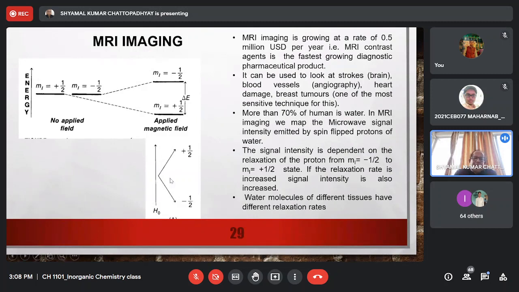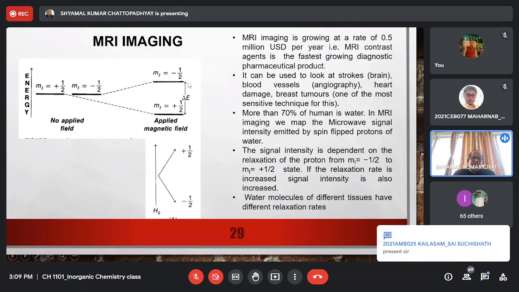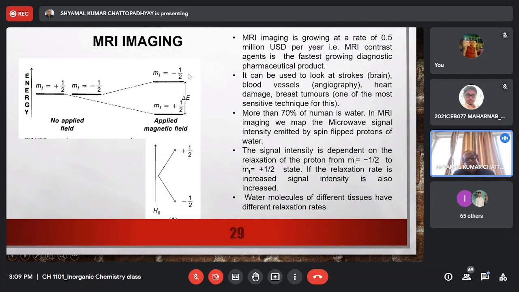And when a magnetic moment is aligned antiparallel to the external magnetic field, it has higher energy. So mI equal to plus half has lower energy, and mI equal to minus half has higher energy in the presence of an external magnetic field. And this energy gap is not very high, so it can be bridged by radiation in the microwave region.